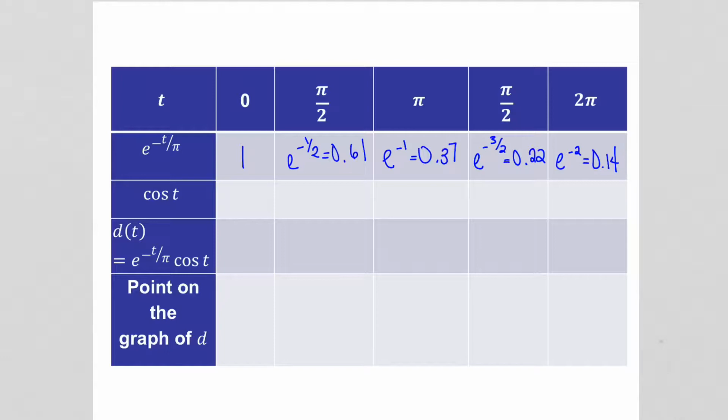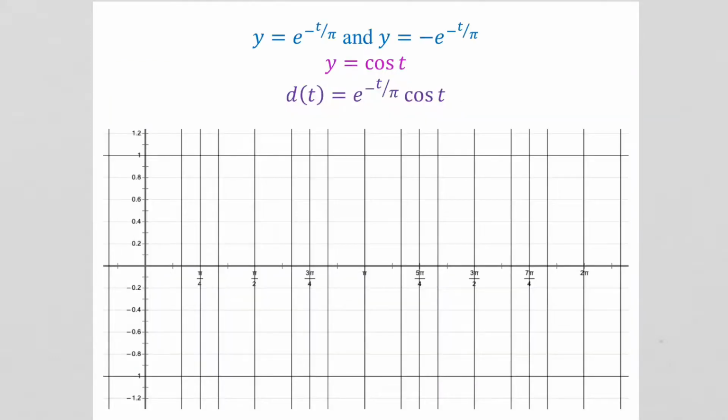So I'm going to go over here and graph these. Okay, so first we've got the point 0, 1. So right there. Then we've got the point pi over 2, 0.61. So something like that.